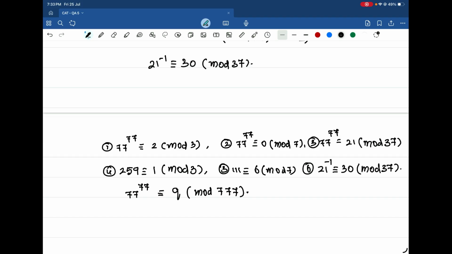In this, mod 3 remainder is 2, mod 7 remainder is 0, mod 37 remainder is 21. When 777 is divided by mod 3, the remainder is 1, mod 7 remainder is 6, mod 37 remainder is 30.